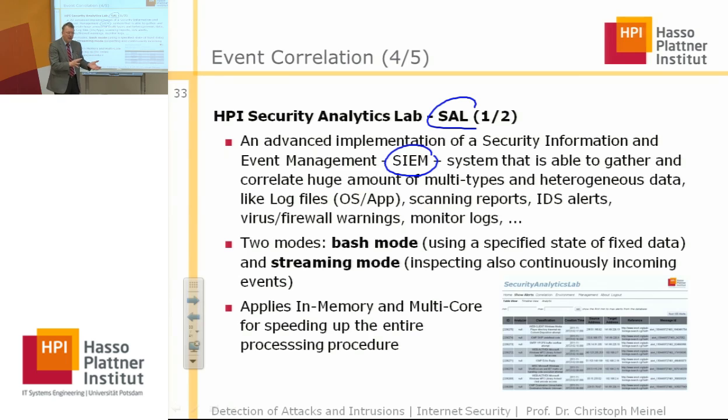The former intrusion detection system gave next day information that yesterday something happened. And of course, that is not satisfying. So what we want to have is to see best in real time or almost in real time that there is an attack running. And here you can see our Security Analytics Lab database.